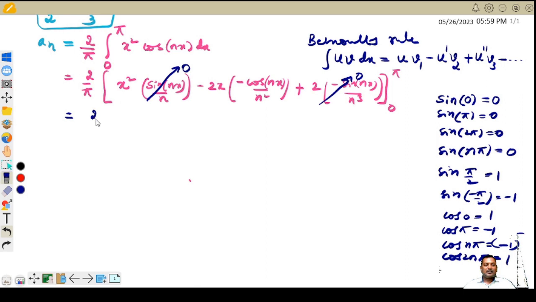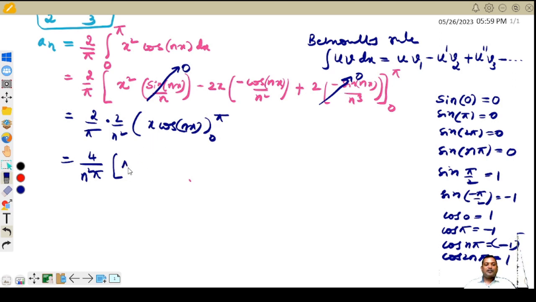So you can write 2 by pi, here 2 by n square. This is minus minus plus. 2 by n square is constant, you can write 2 by n square outside. And what is remaining? x cos nx, between the limits 0 to pi. So this is 4 by n square pi.